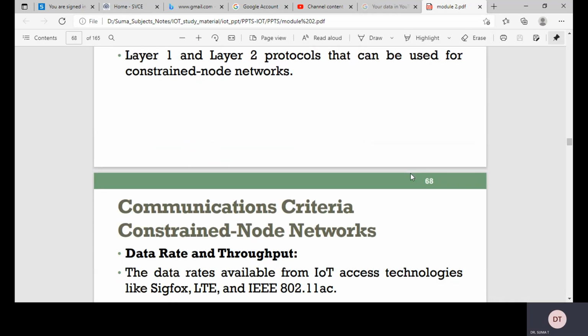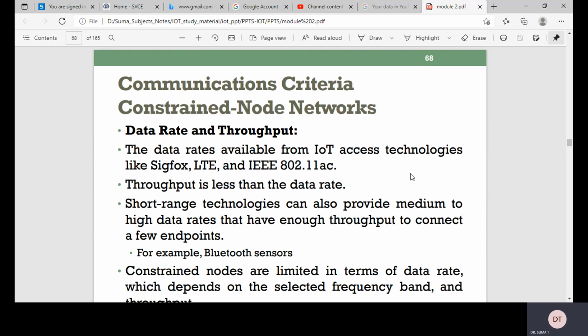Layer 1 and Layer 2 protocols that can be used for constrained node networks.